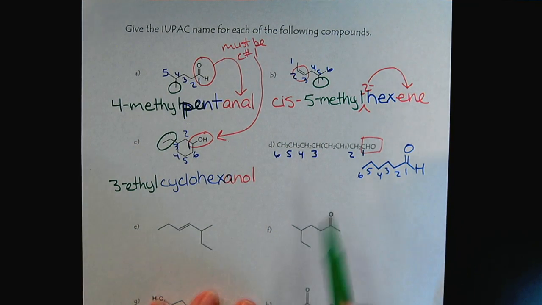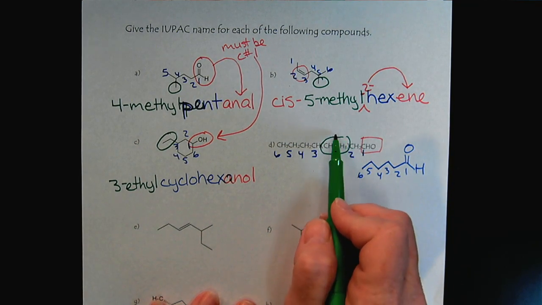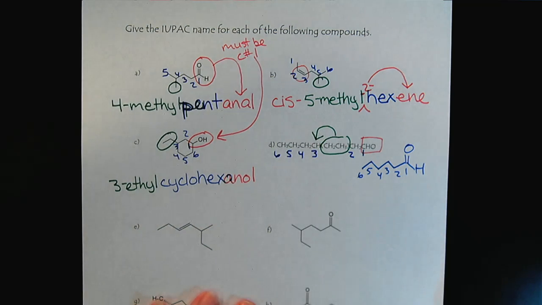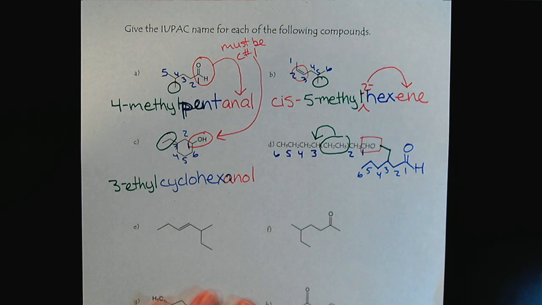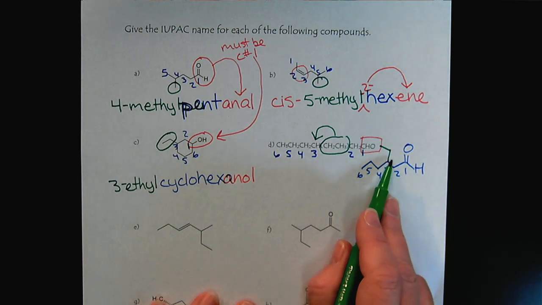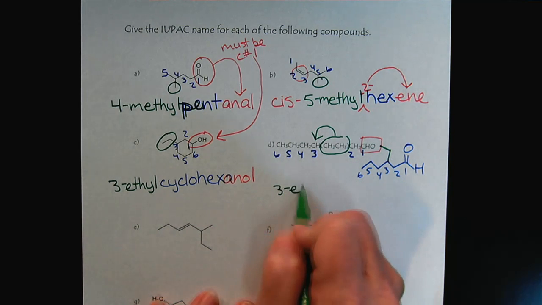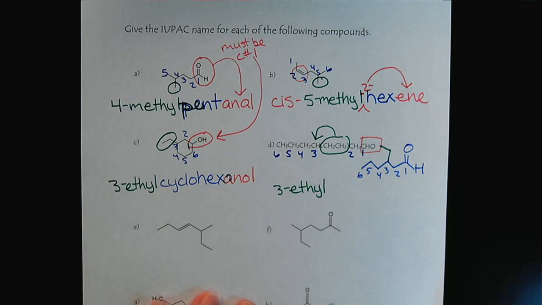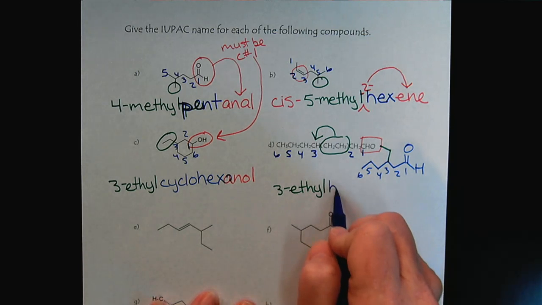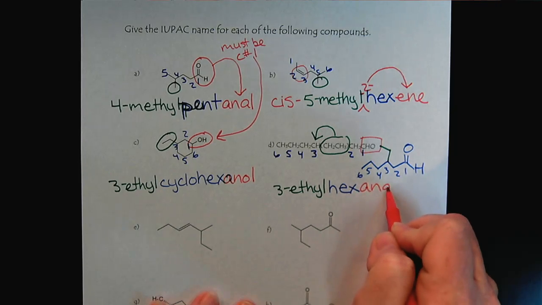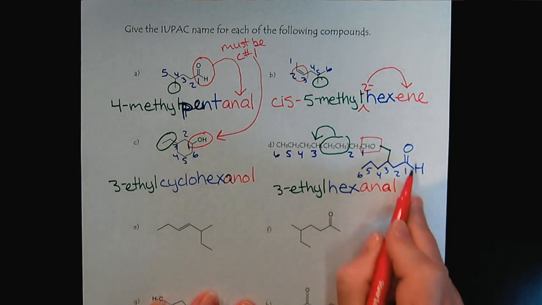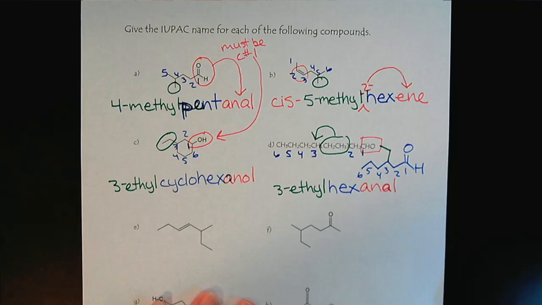And so then we notice from the condensed formula that there is an ethyl branch coming off of carbon 3. So we'll add an ethyl branch right here. Now that we have the skeletal structure, we can go ahead and write the name. So we begin with the prefix, the branches, 3-ethyl, and we have a 6-carbon chain, so that's the hex, and it's an aldehyde, anal, right? And remembering that aldehydes are understood to always come off of the first carbon.